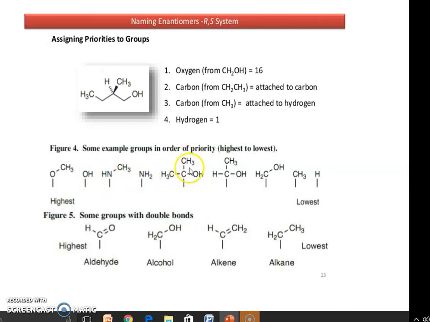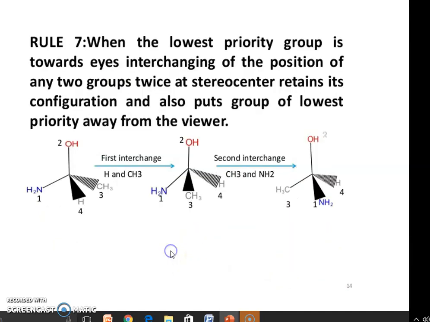Like this you can give the priority. If they are with a double bond, the aldehyde is the highest priority group, and the lowest one is the alkene group. So the alkene is third, alcohol is second. Like this we can give the priority to groups.